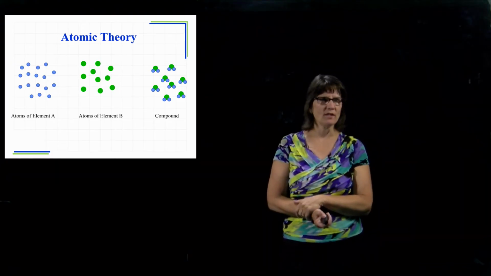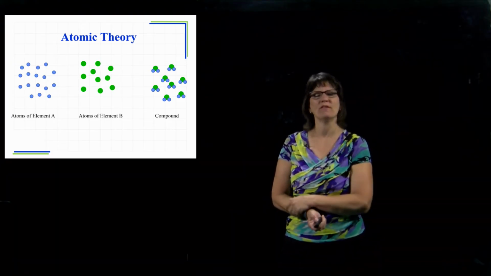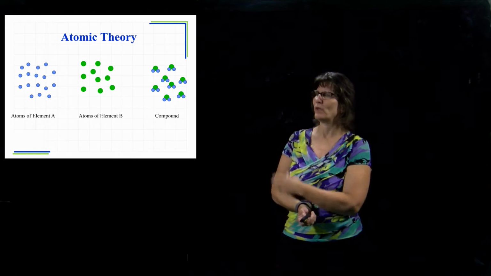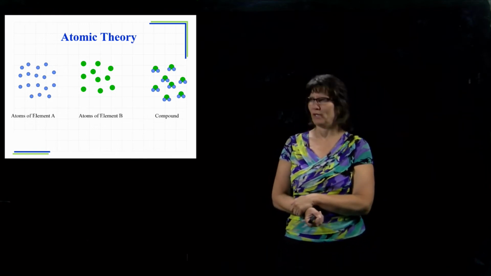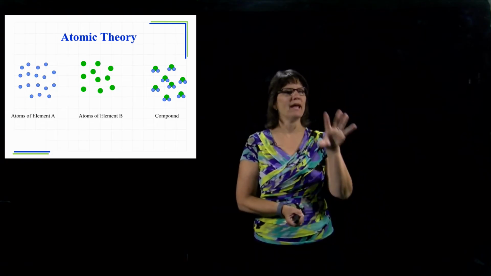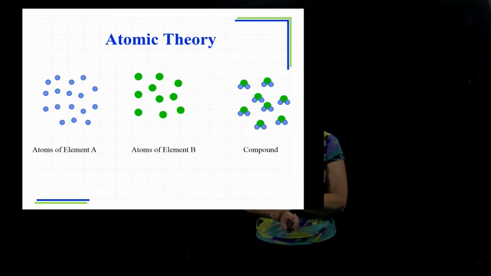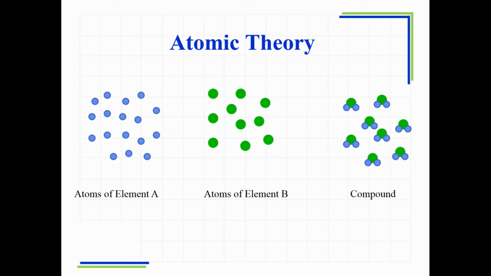Okay, so statement 1 says that an element is composed of these tiny atoms. So we see element A in blue, we see element B in green. We see that all of element A, all the atoms are identical to each other. And we see that all of the element B, all the atoms are identical to each other. And so that is part of his statement.